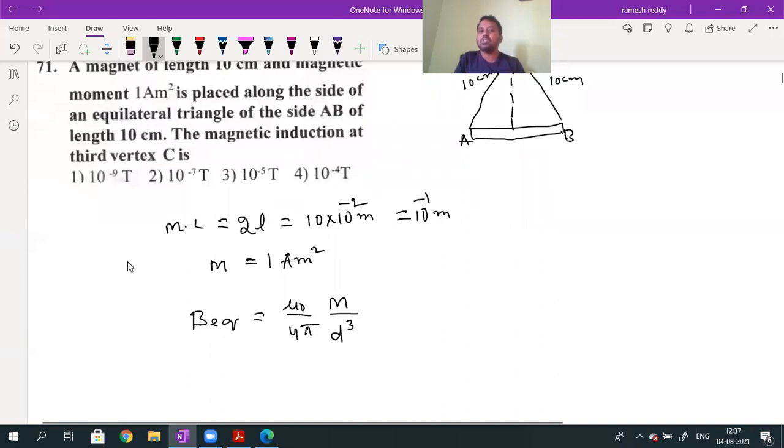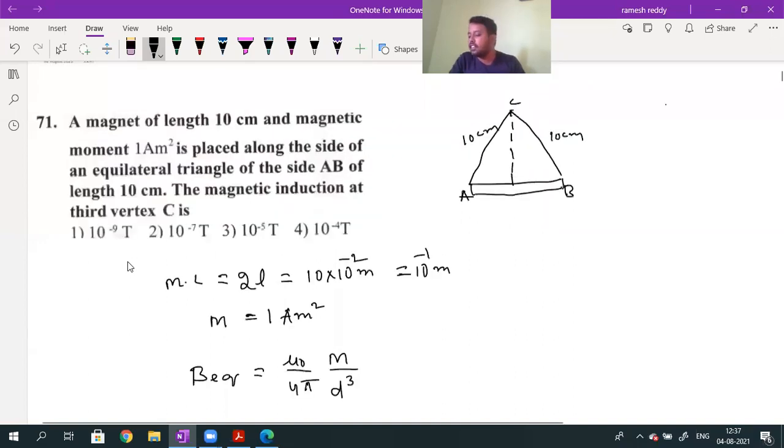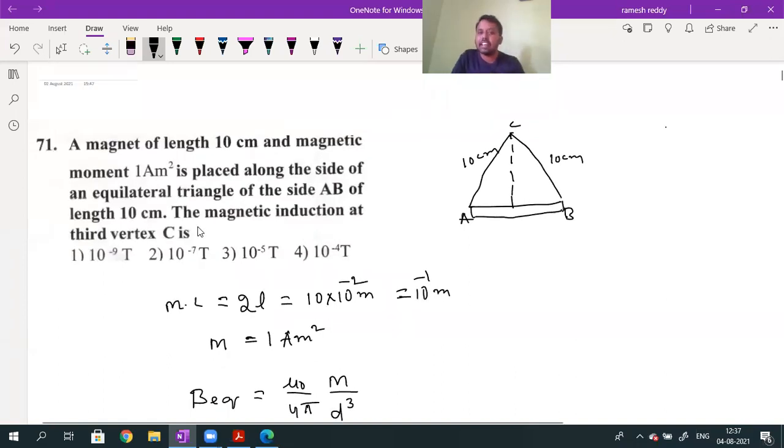What is D in this question? D is the distance. This is the distance D. Total length value is 10 centimeters, so this distance value is 5 centimeters. Can I calculate the D value according to the Pythagoras theorem?